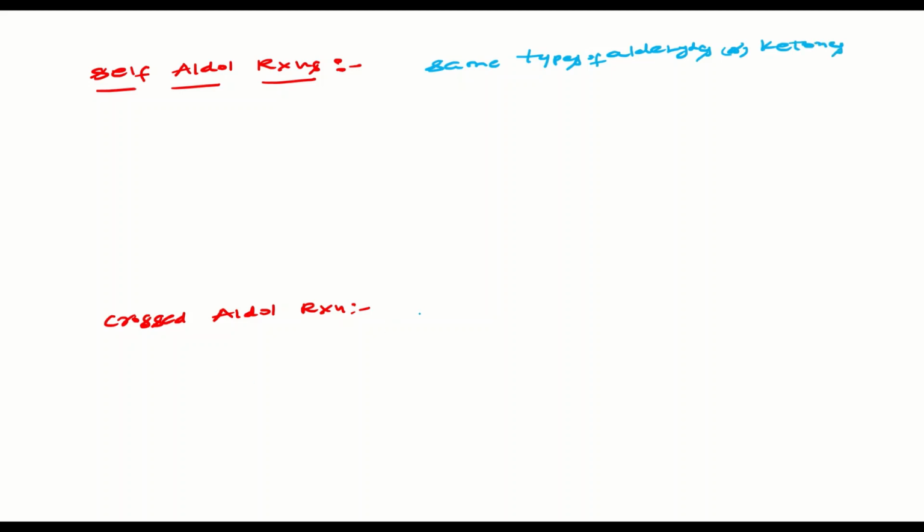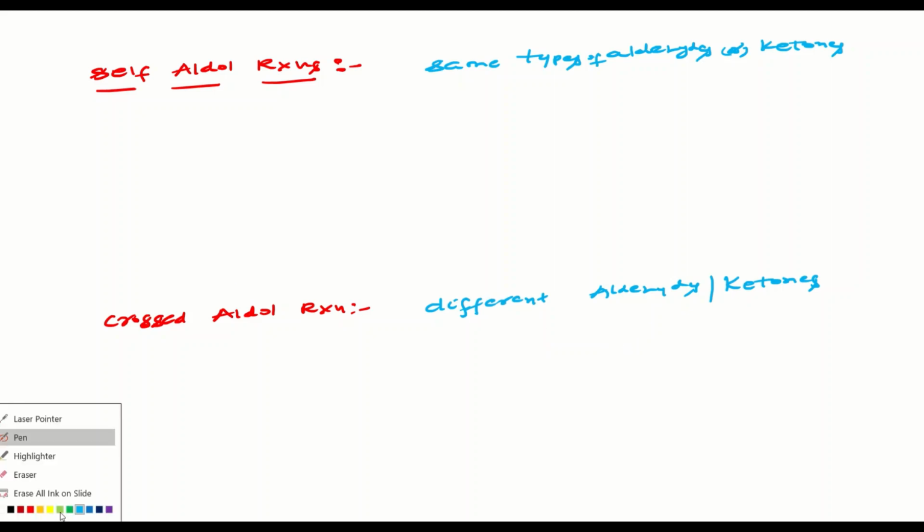In the cross-aldol reaction, the aldehydes and ketones must contain alpha hydrogen, but we take different aldehydes or ketones. These also must contain alpha hydrogen. So in the self-aldol reaction, two of the same molecules are involved; it may be an aldehyde or it may be a ketone.